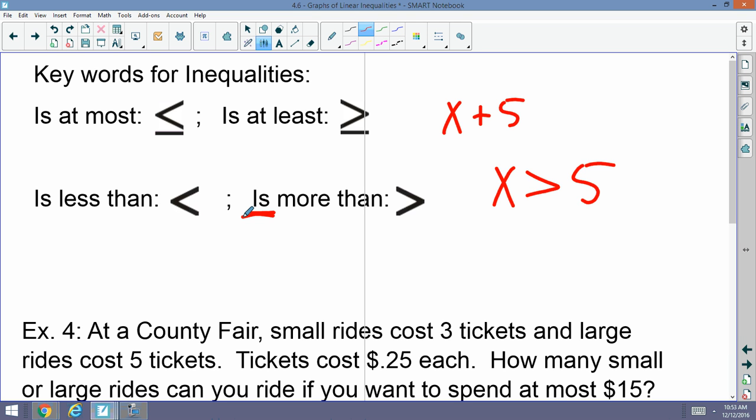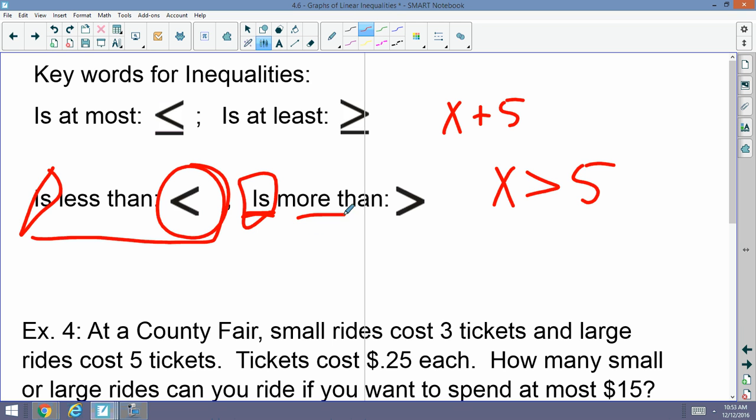Okay? So is at most is less than or equal to, is at least is greater than or equal to. If I just say is less than, that means you have the less than sign because of the is. Is more than, that means I have the greater than. Does that make sense? Promise?